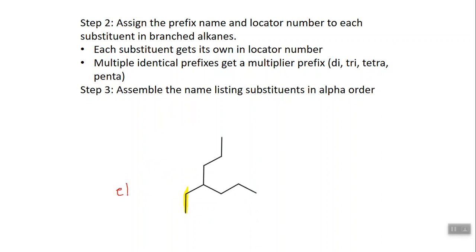Now, instead of putting A-N-E, I actually put Y-L. I take off the A-N-E, which indicates an alkane parent chain, and I put on Y-L to tell me that this is a substituent, something that's stuck onto my parent chain. So this would be ethylheptane.